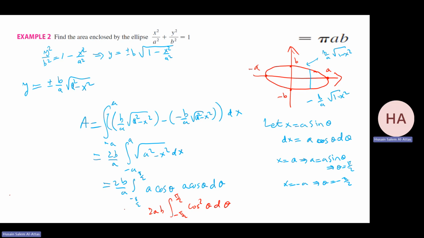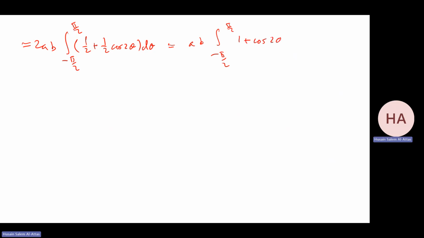Cosine square is half plus half cosine 2 theta, like what we did before. This is the double angle idea. Half will kill the 2, so you have ab integral from minus pi over 2 to pi over 2 of 1 plus cosine 2 theta d theta.